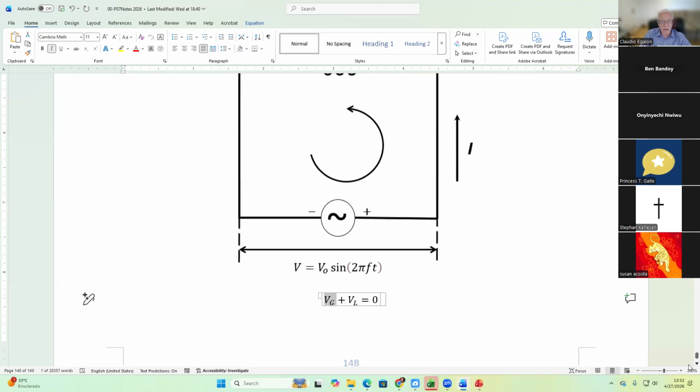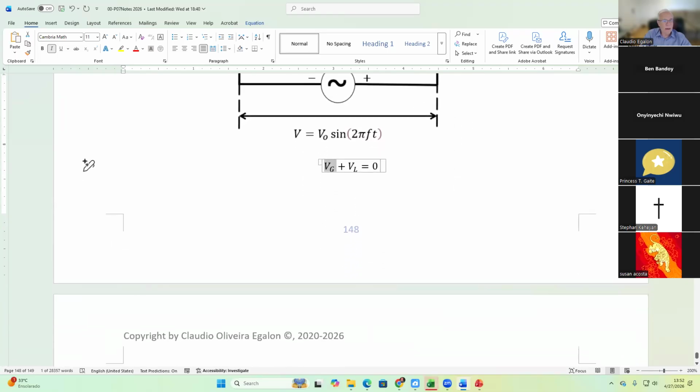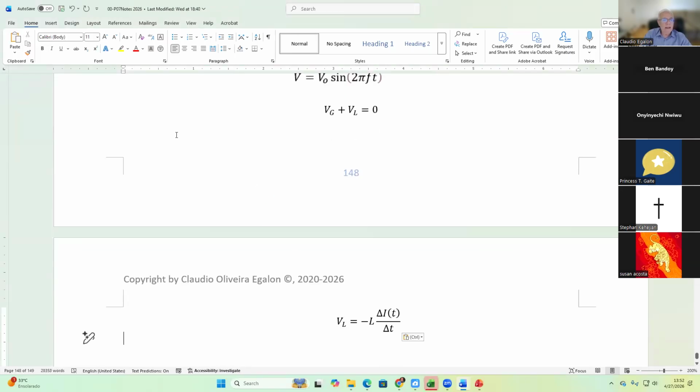And using Faraday's law, delta I over delta T times L with the negative sign.